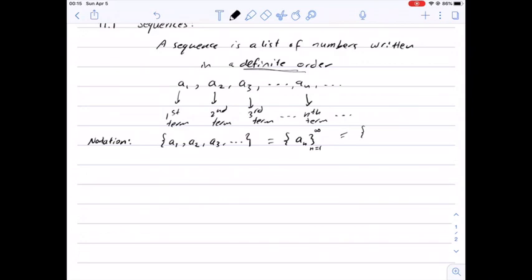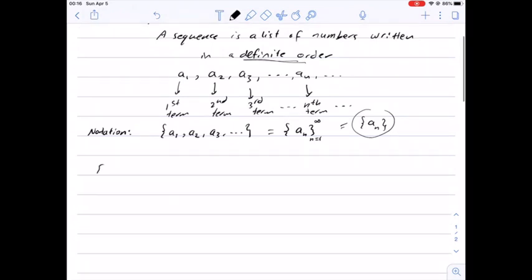Or we can write it without using the index, without determining the starting value of n and the ending value. We can write it this way. For example, this is a sequence n over n plus 1 from n equals 1 to infinity.